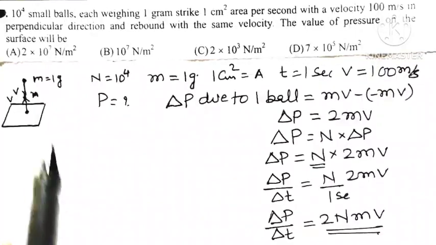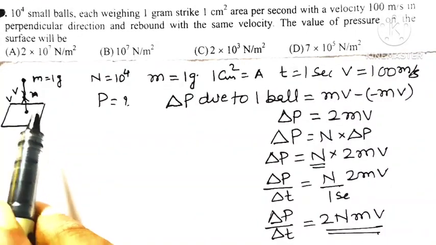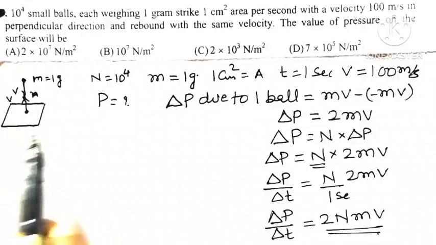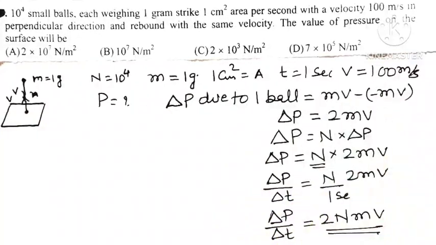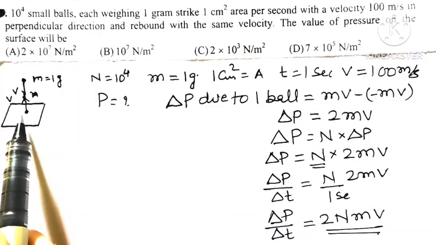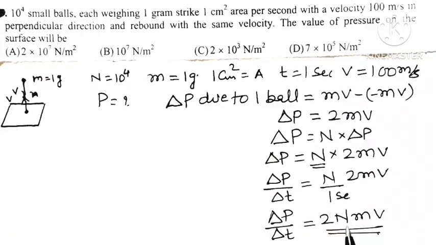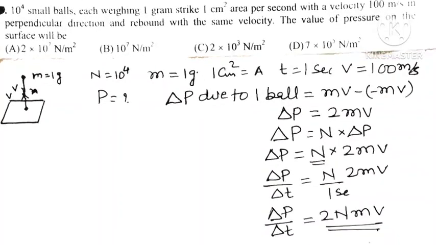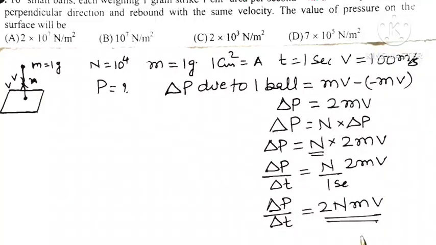So in a time of 1 second, because 10 raised to 4 balls are striking with velocity v equal to 100 meter per second, the momentum of the surface changes by an amount 2nmv, and according to Newton's second law of motion, rate of change of momentum is nothing but force.